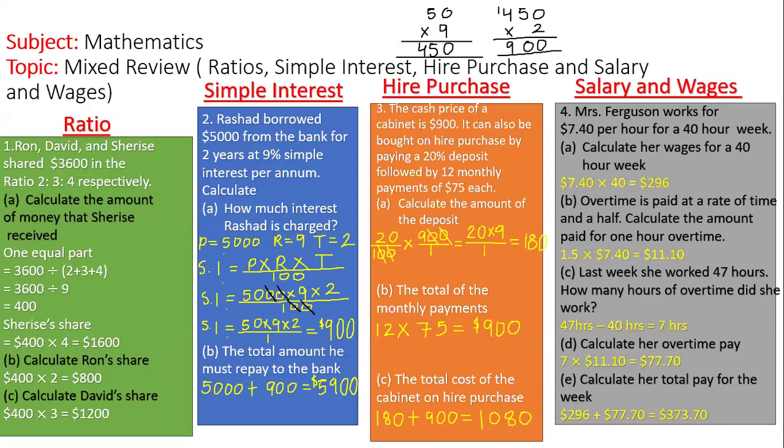I had a question about salary and wages, part B. I would like to know because my internet went down, where the 1.5 came from, please. Because they say time and a half. So time and a half is 1.5. So it's going to be 1.5 multiplied by $7.40. Double time is times 2.